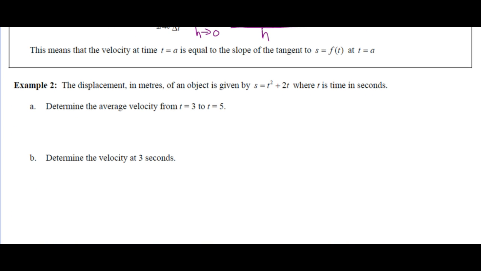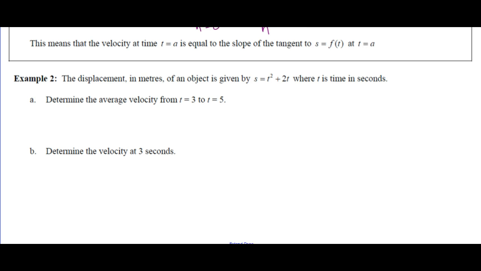All right, so we're given a displacement, a position function, s equals t squared plus 2t, where t is the time in seconds. Determine the average velocity from t equals 3 to t equals 5. Okay, so what do we need? Well, delta s over delta t.